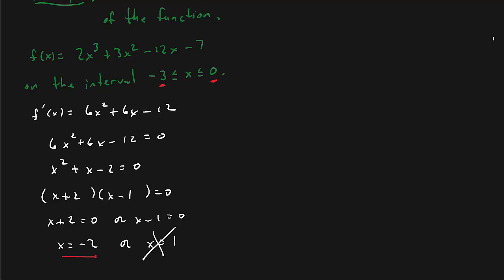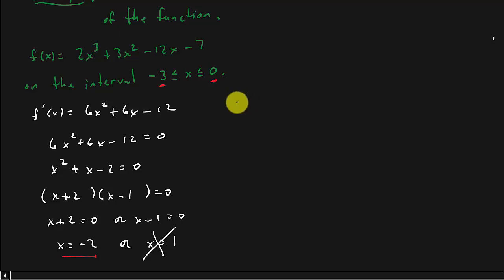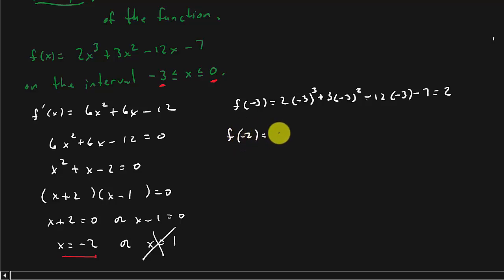All right, so let's see what we've got. We've got f of negative 3 is equal to 2 times negative 3 cubed plus 3 times negative 3 squared minus 12 times negative 3 minus 7. That is going to give us 2 as an answer. And then we've got f of negative 2, which is 2 times negative 2 cubed plus 3 times negative 2 squared minus 12 times negative 2 minus 7.